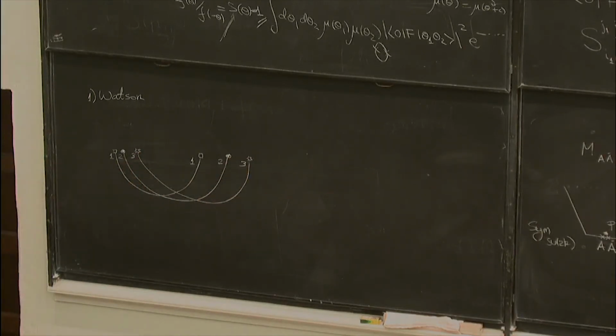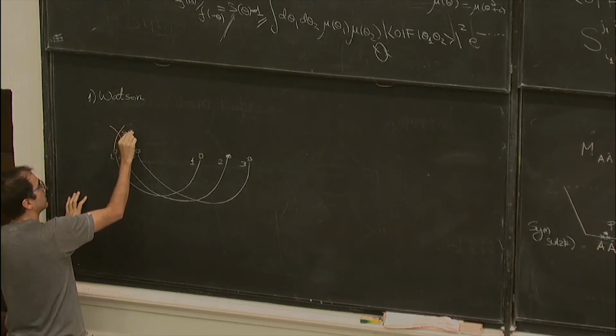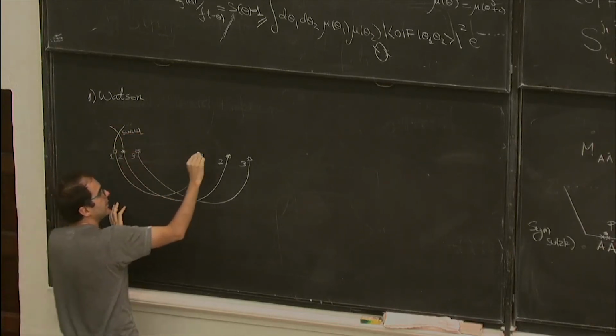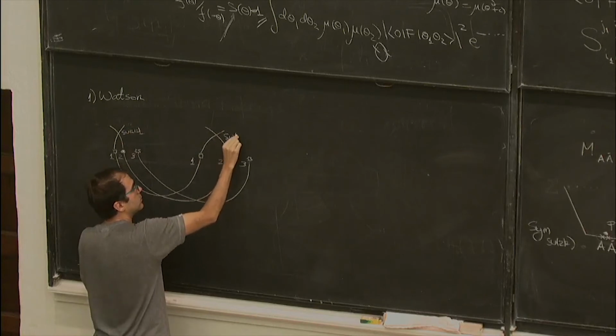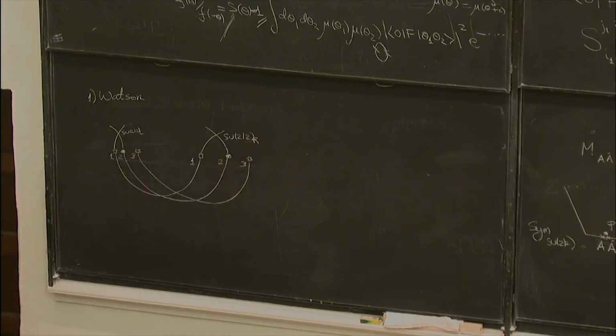And now we want to multiply by the S matrix that swaps particle 1 and 2. But the S matrix that swaps particle 1 and 2 is 2 copies of the SU(2)/2 S matrix. So what I should do is put 2 S matrices here. This is SU(2)/2 left, and this would be SU(2)/2 right. Okay?